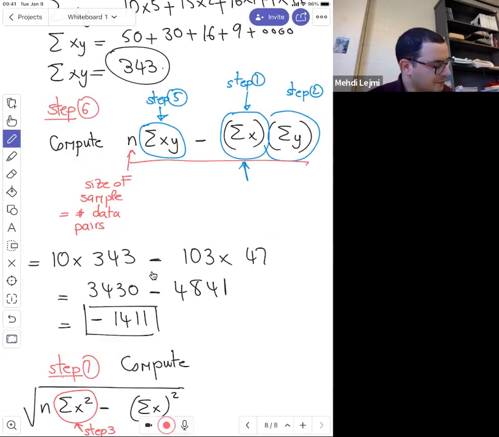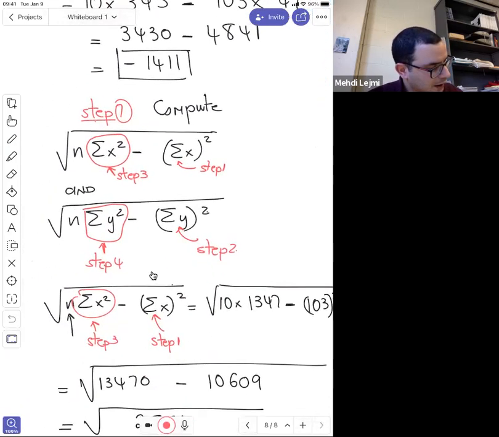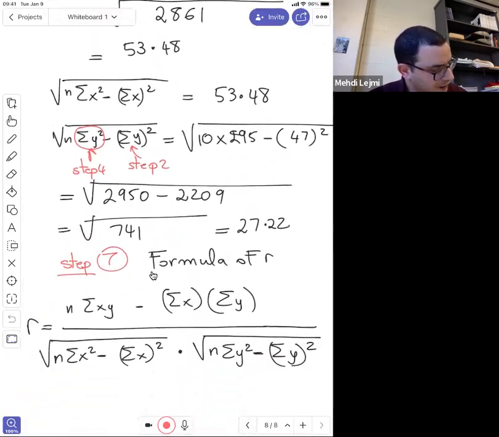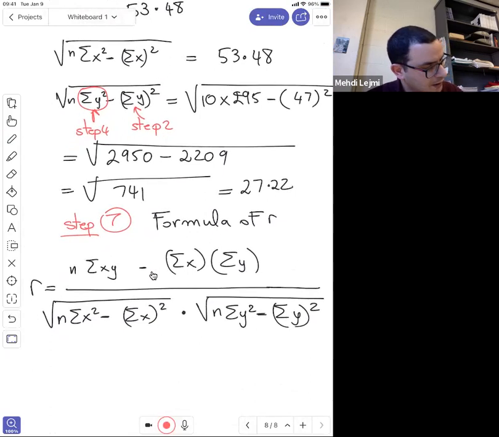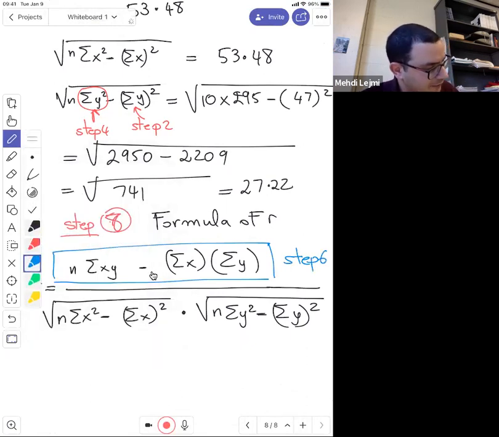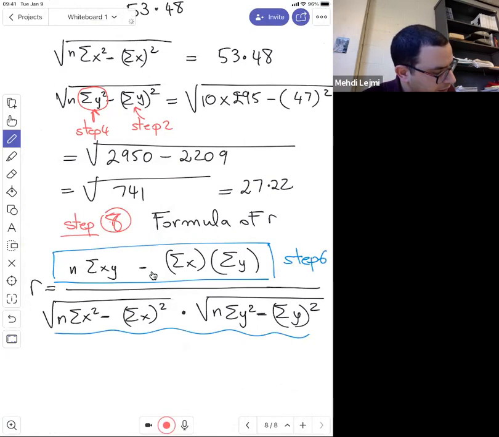So that's from step number 6. Actually, this is step number 8 here. Now the denominator is from step 7. I have this denominator here.